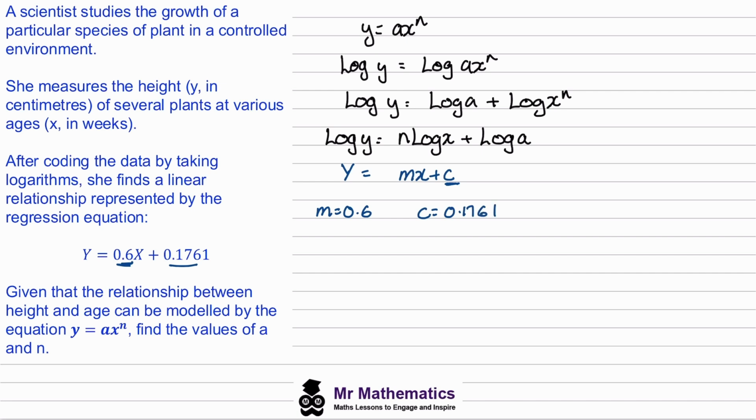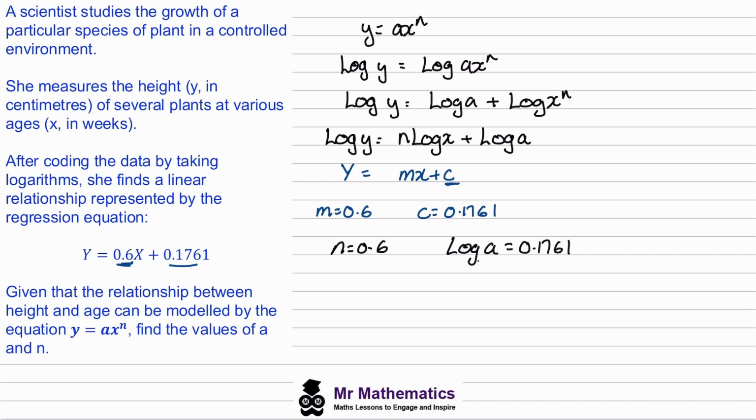So now if we map this to this equation, the log x term will map with the x term, so n will be m. So this will be our constant n. N will equal 0.6. And then the constant term will map to our log a term. So the log a will equal 0.1761.